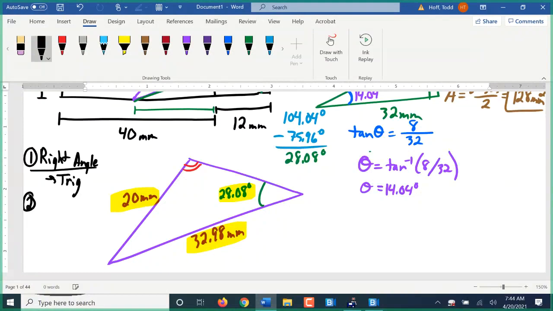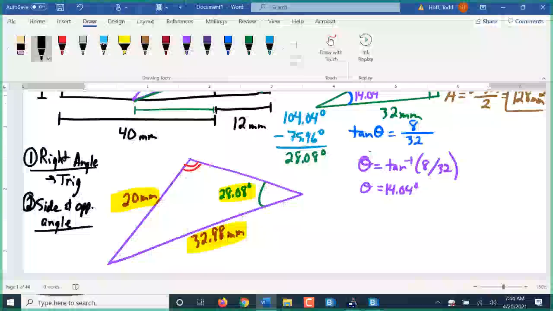The second option is, do we have a side and its opposite angle? Because if we have that, what process do we use? We have one side and its opposite angle plus a third piece.